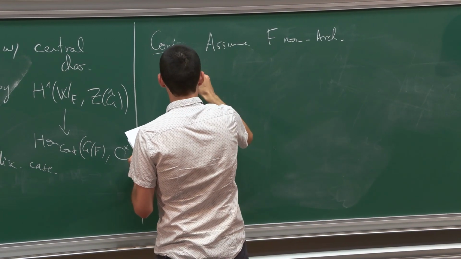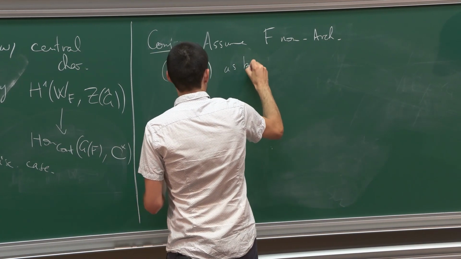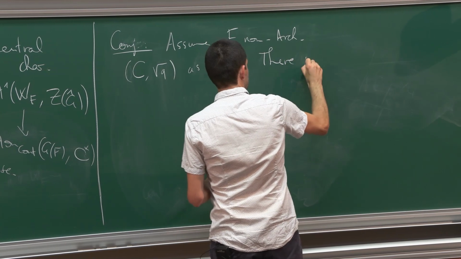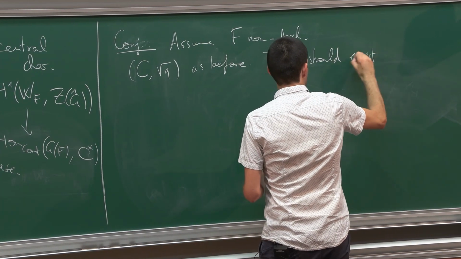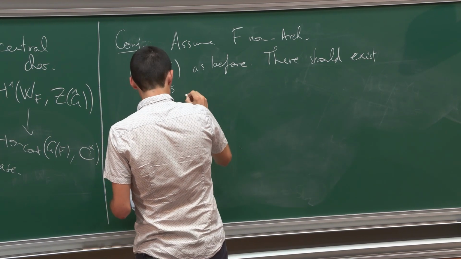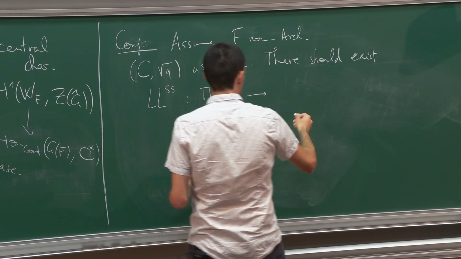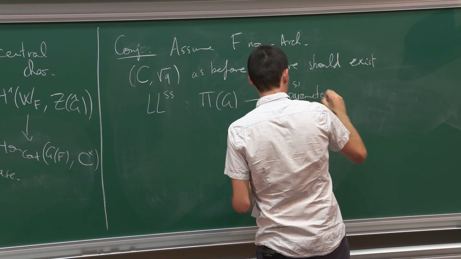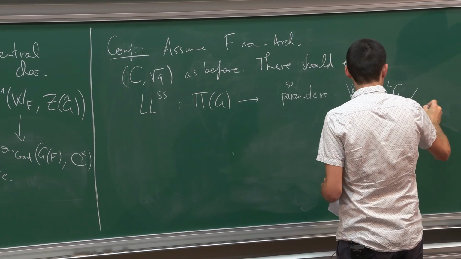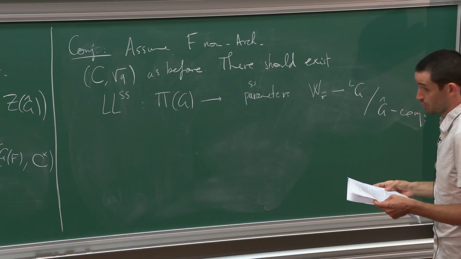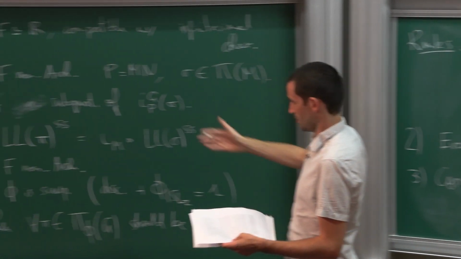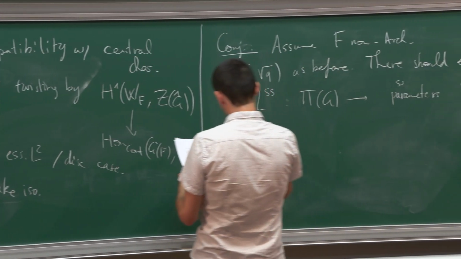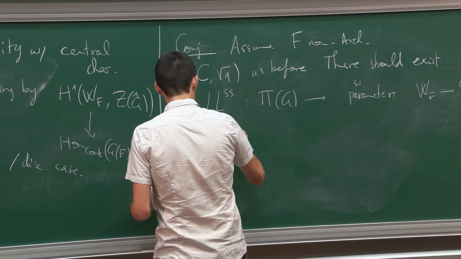So you take, as before, C and a square root of Q, and there should exist something like this, which should just be LL composed with the semi-simplification.